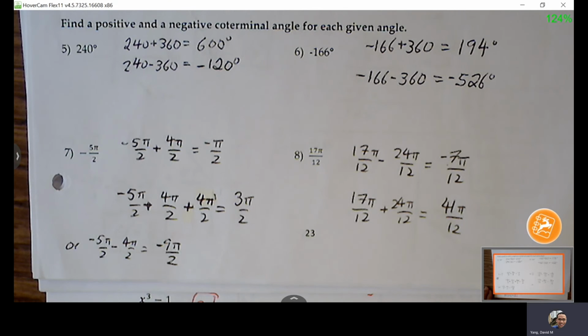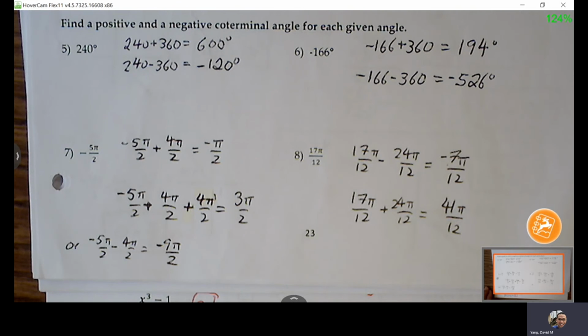Any other questions 5 through 8? Okay, if you're done with 5 through 8, I'll leave this up for a second, go to 9 and 10. 9 and 10 is asking, are the angles coterminal? So we want to know, are these angles going to line up with each other? What I do normally is I take the angle that is further away, and I'm going to either subtract or add 360 or 2 pi and see if that will eventually get me to match with the other angle that's presented.